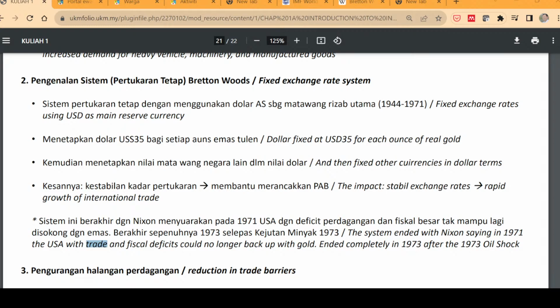What ended was only the fixed exchange rate system. No more after 73. So many different types today: floating, free floating, managed floating, crawling peg, and many others.